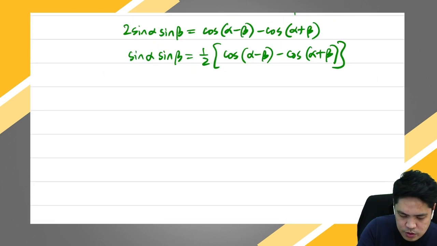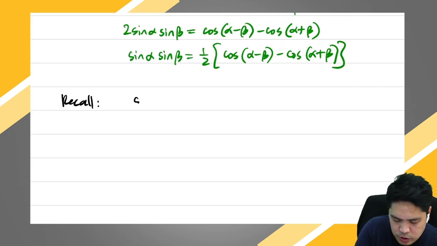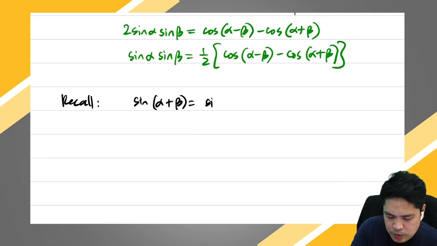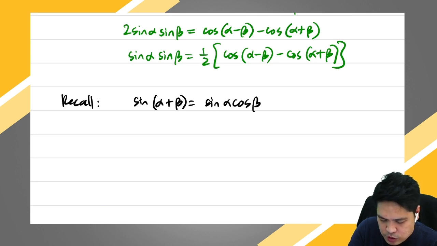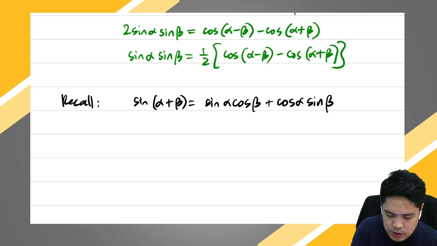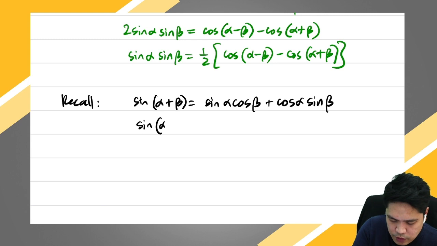Okay, so again, let us recall the sum of two angles, alpha and beta. That would be sine or sin cos plus cos sin, diba? And we have sine of the difference of alpha and beta.